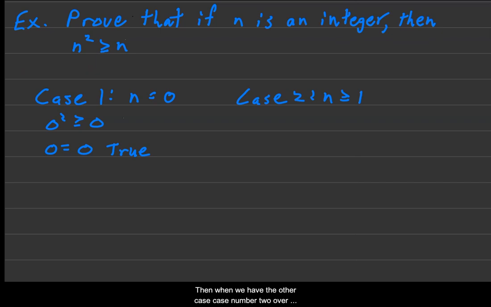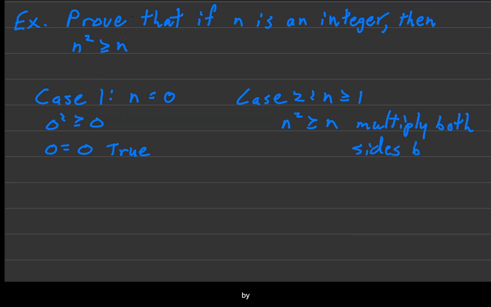Then for case number 2, when n is greater than or equal to 1, n squared is greater than or equal to n, simply by multiplying both sides by n, which is a valid mathematical operation, and this gives us exactly what we were trying to prove.